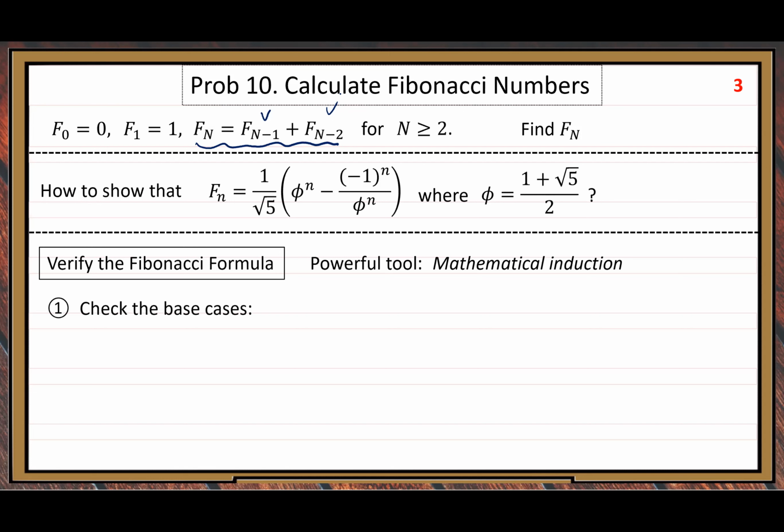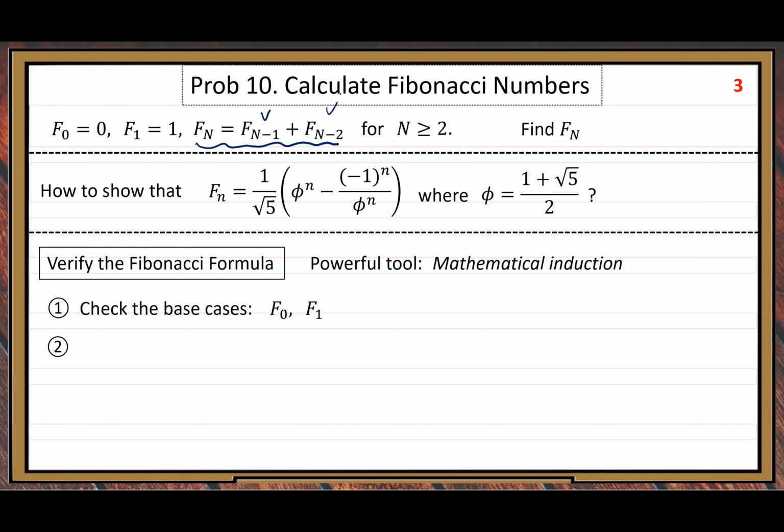If you have three terms, you need to verify the first three base cases, and so on. So here, we need to verify the first two cases, F0 and F1, and we did it. So we go to the second step.